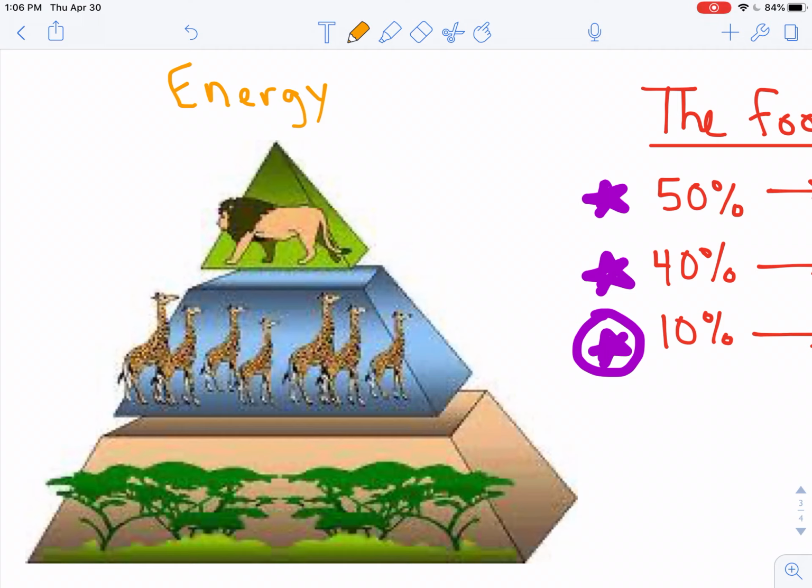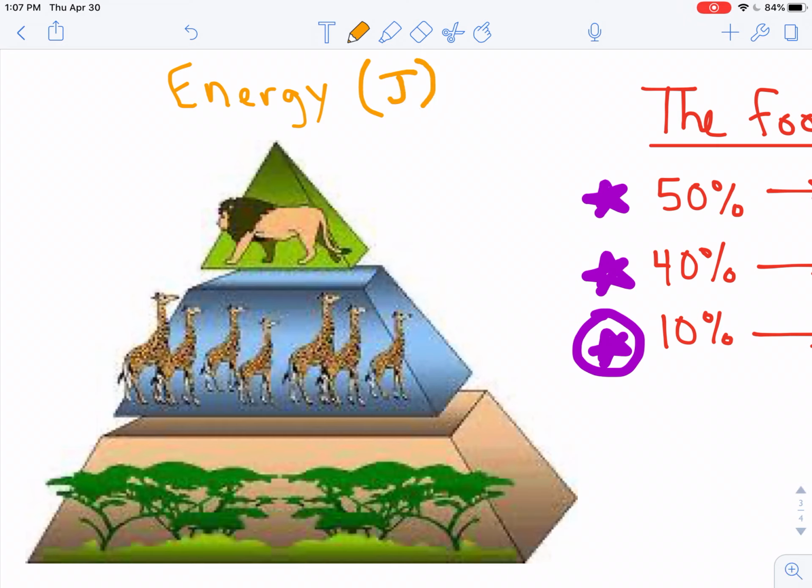Now, let's talk about the unit of energy. If you want to measure the length of something, you might use the unit of centimeters. If you want to measure the mass of something, you would use the unit of grams. Well, if you want to measure the amount of energy in something, you would use an energy unit called the joule, and the symbol is J. Okay?